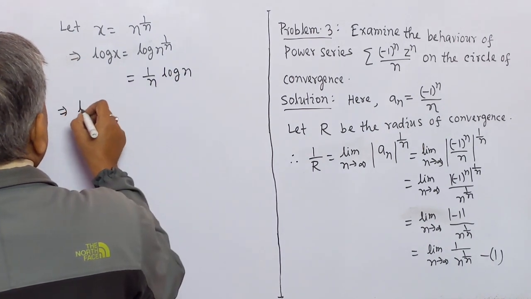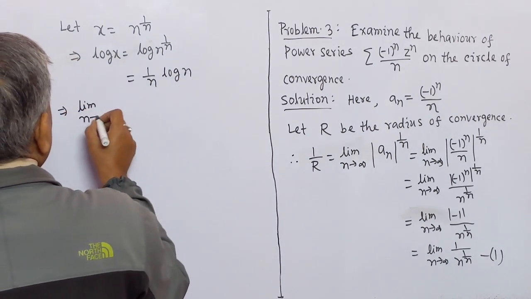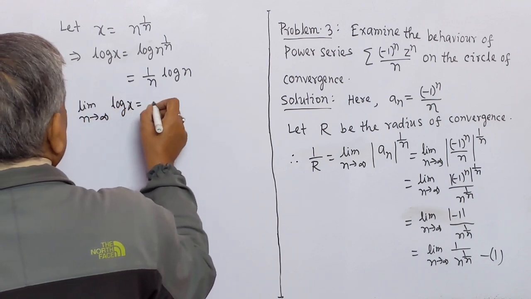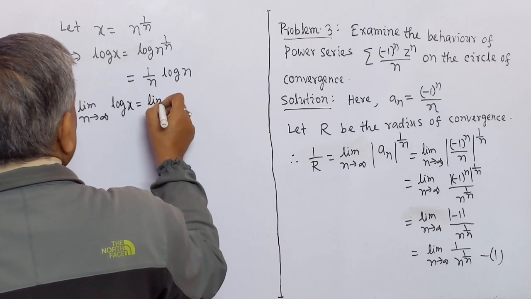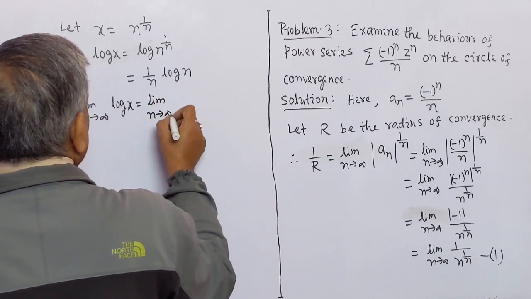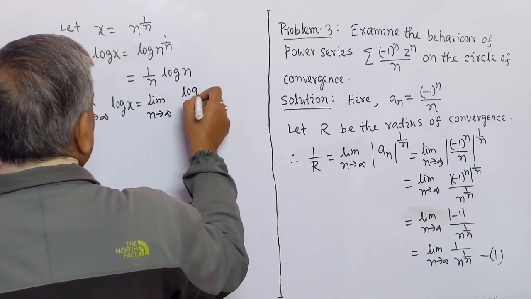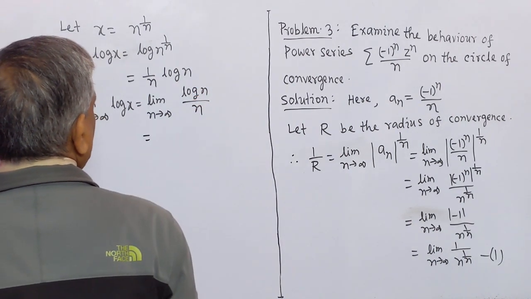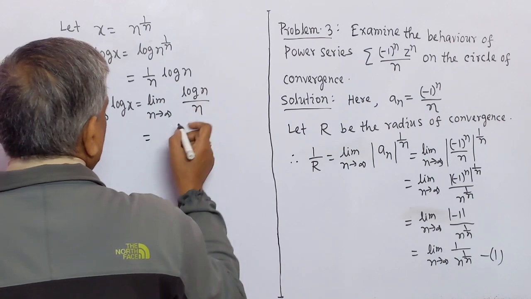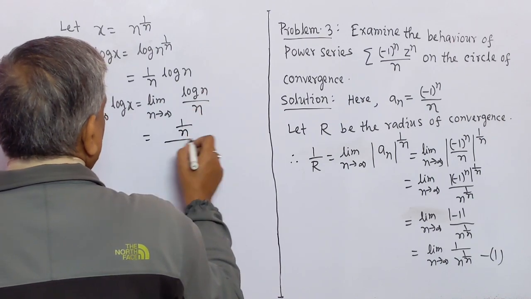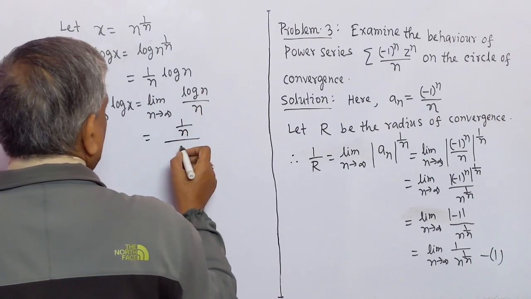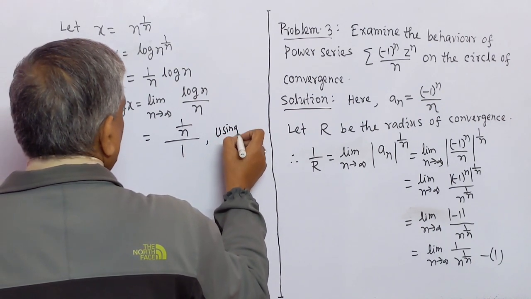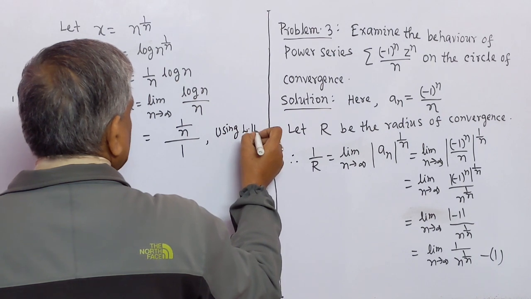Taking limit n tends to infinity, log x equals limit n tends to infinity log n by n. Using L'Hospital's rule, the derivative of log n is 1 by n and the derivative of n is 1.